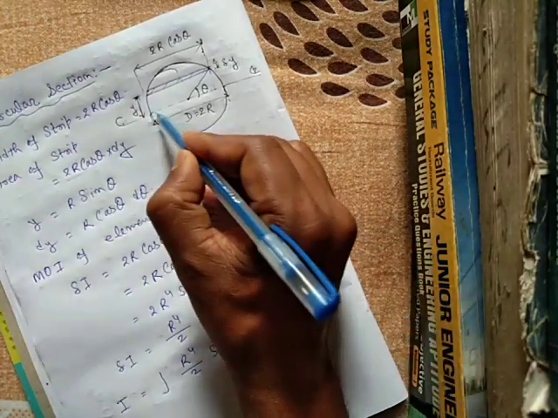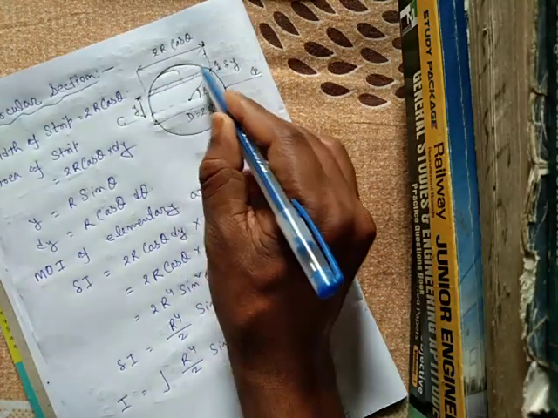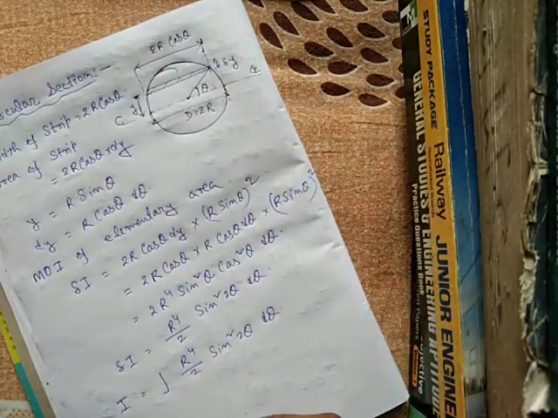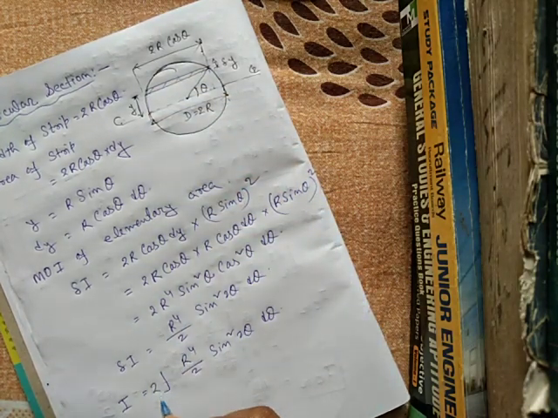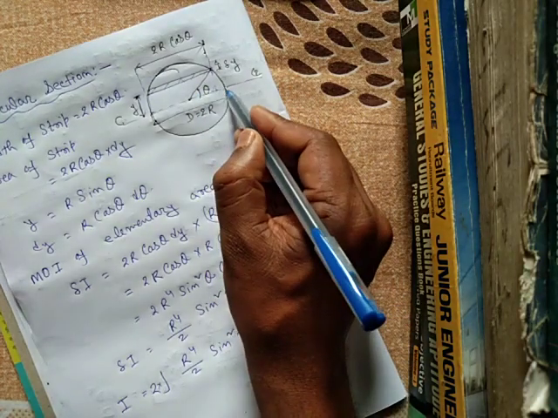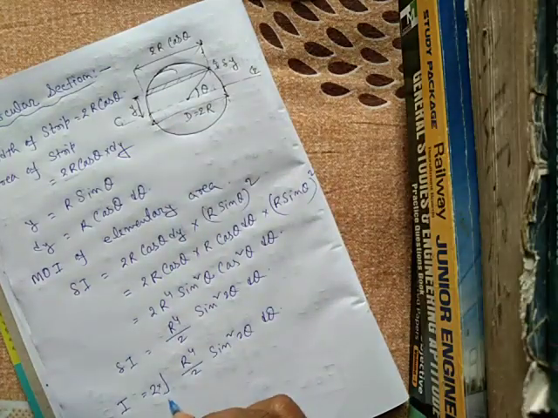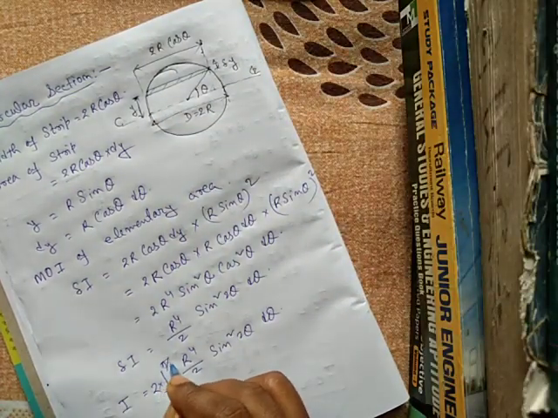This is the moment of inertia of this part. To calculate the moment of inertia of the whole part, we multiply by 2. The limit will be 0 to pi by 2.